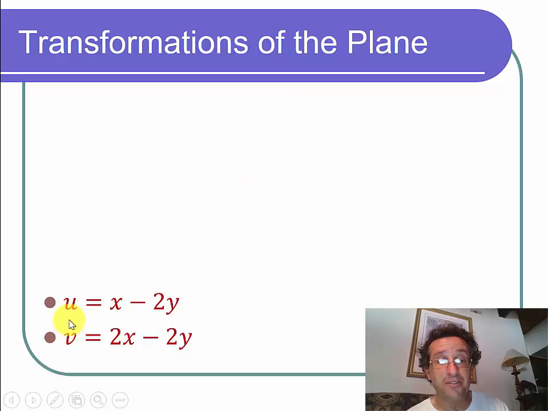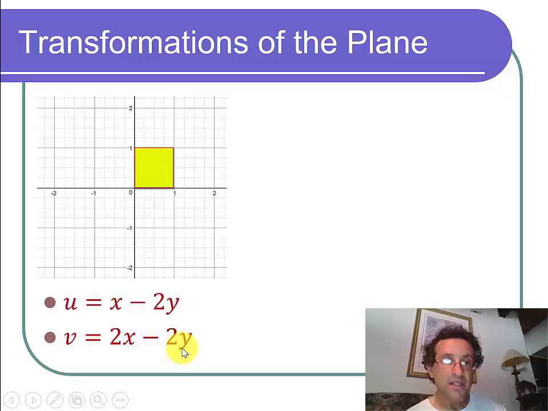This transformation is defined by u equals x minus 2y and v equals 2x minus 2y. We can start out with, instead of a little interval, a square: the unit square, 0 to 1, 0 to 1. And see, where does that square go when we apply the transformation?